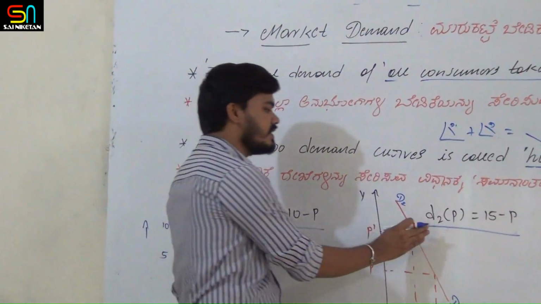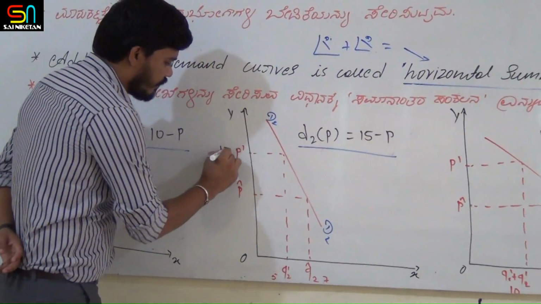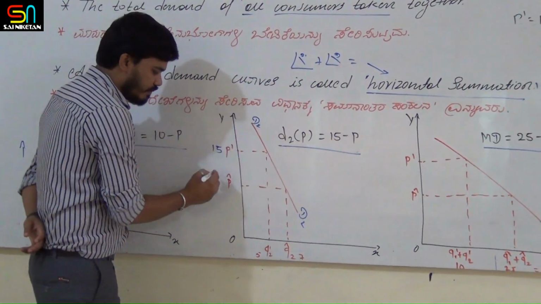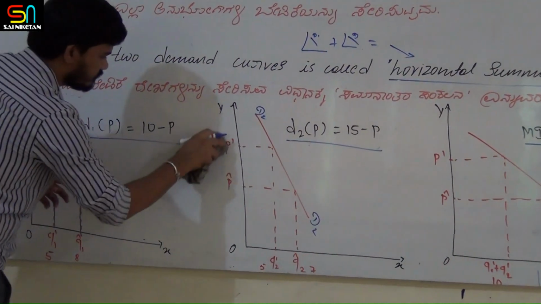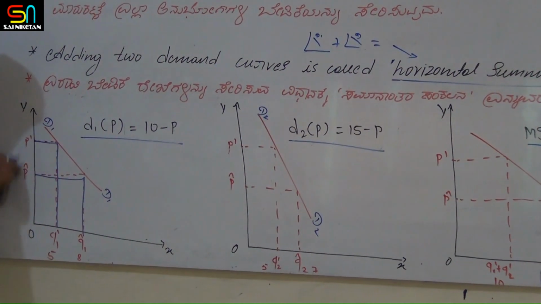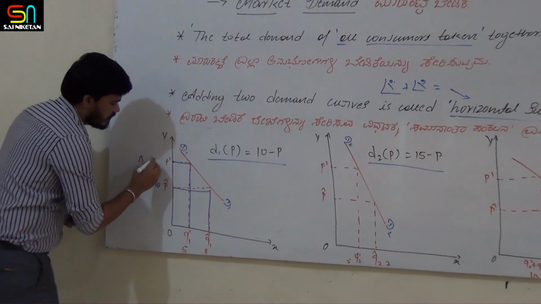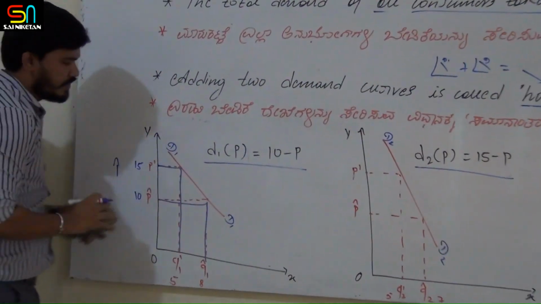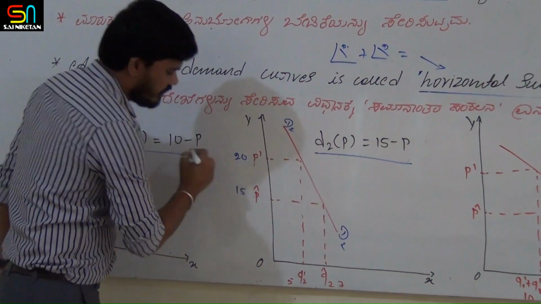And when it comes to the second individual demand curve, he buys at more than 15 rupees. For example, here will be 10 rupees and here 15 rupees, and here we have 20 rupees, here 15 rupees.